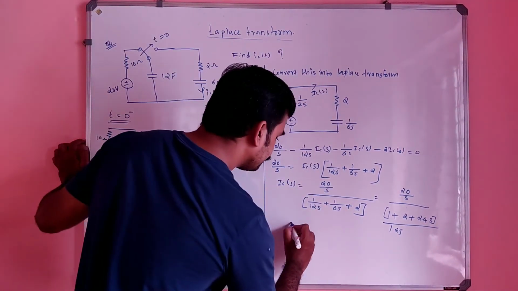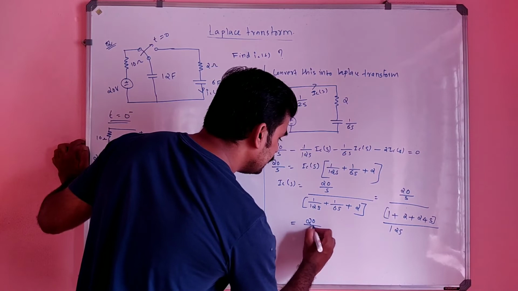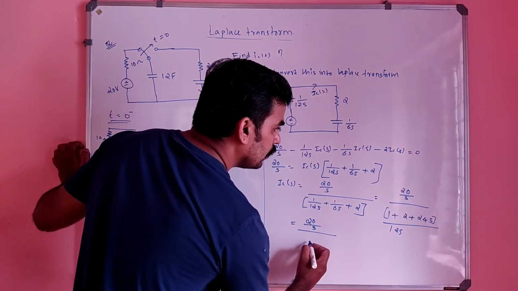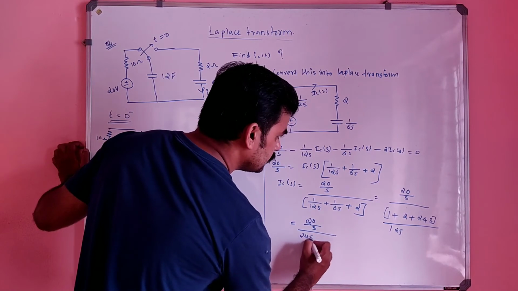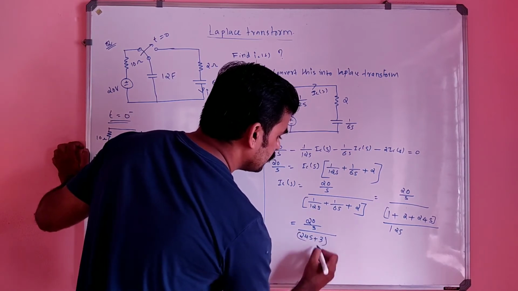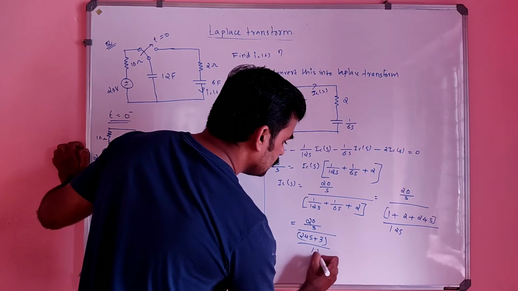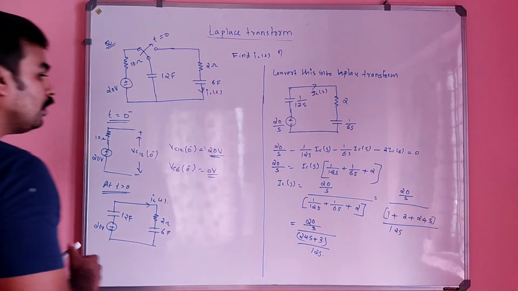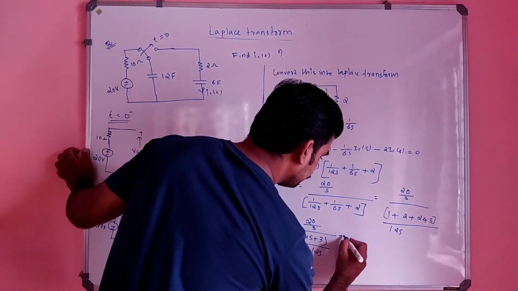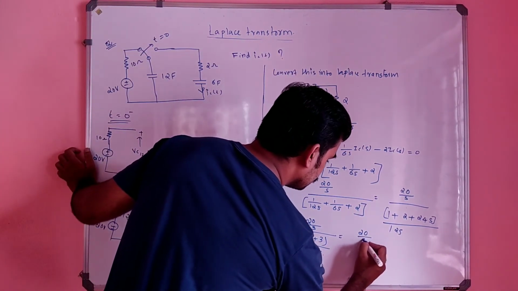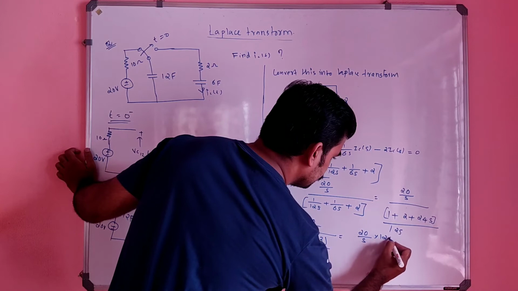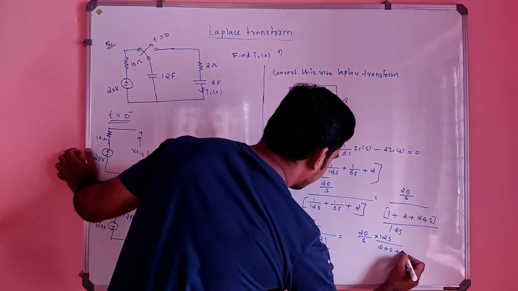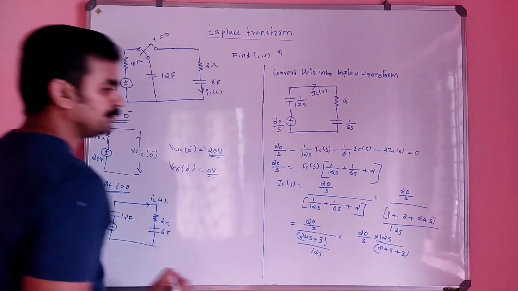It will become 20 by s all divided by 24s plus 3, divided by 12s. Correct? Correct.